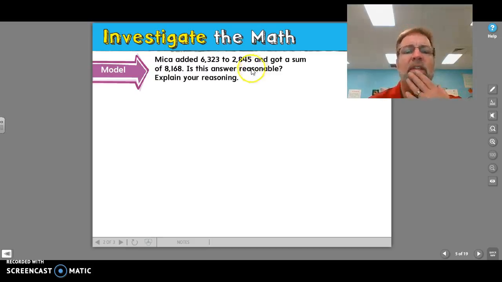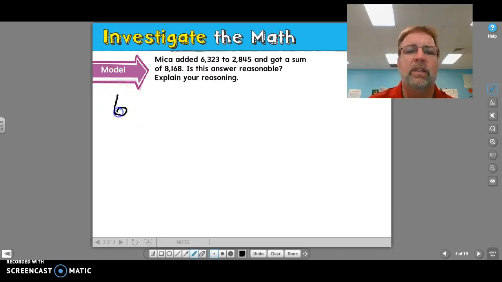Okay, well, let's take a look at this problem and let's just see. Get some writing. Okay. So if we said 6,323 and we're looking for the sum, so I know that's the addition word, so that's 2,845.